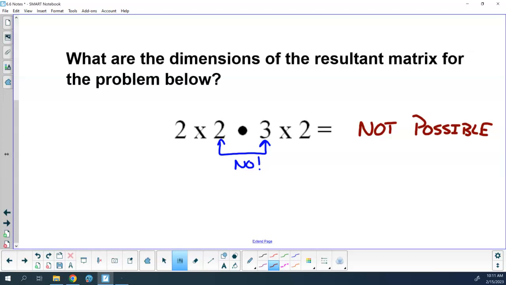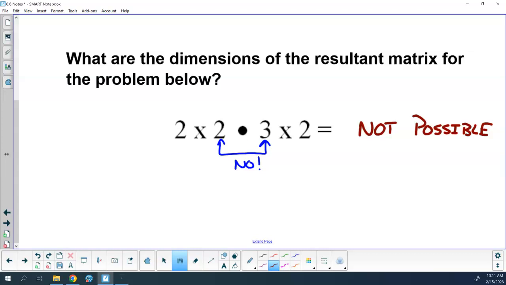Only do that. Now, in this particular case, if I flipped them around and multiplied them in the reverse order, so if I made the right matrix the left matrix and so on, could I then multiply them? Yes. Then I could.